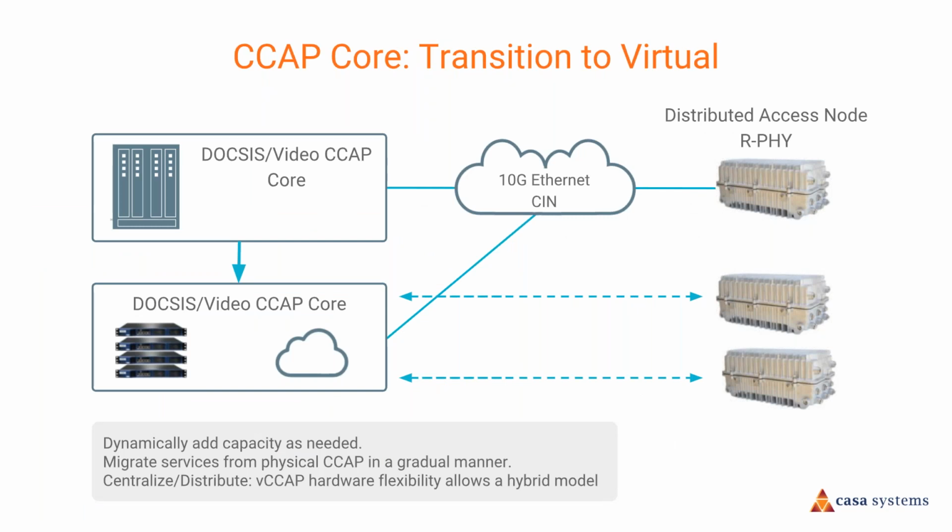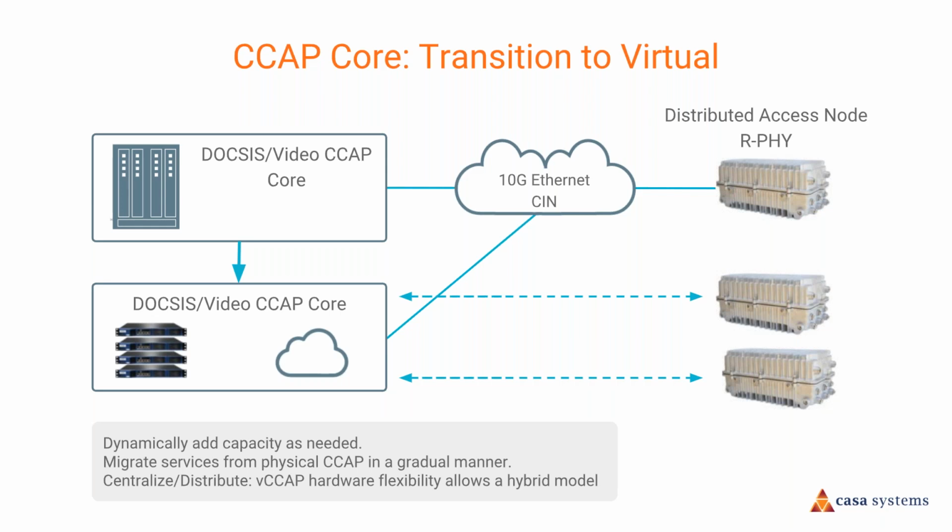Service providers are looking to transition, but the transition has to be graceful. While DAA deployments are in full swing, the virtualization should not disrupt DAA deployments. So what you're looking at is to add vCCAP cores to augment existing physical cores and move nodes over to the VNFs as they progress. One of the advantages of vCCAP is that the hardware can be chosen to match the kind of performance and scale as you need.